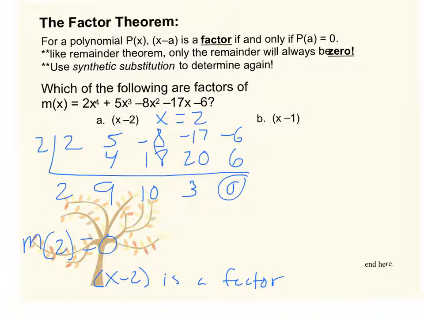Now, let's try this again. But in part B, let's check the factor x minus 1, which means we are going to check to see is 1 a 0, and thus is x minus 1 a factor. Now, here's something kind of nice that I could do.